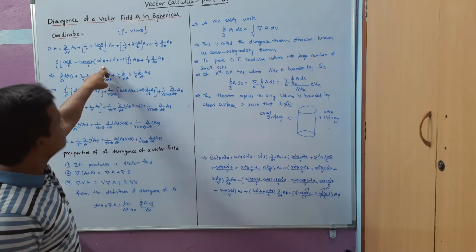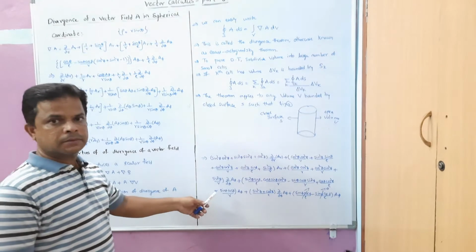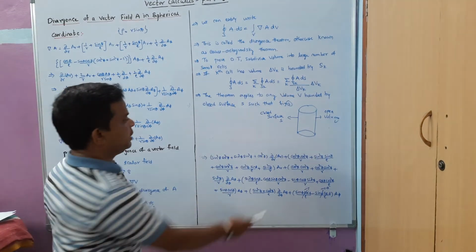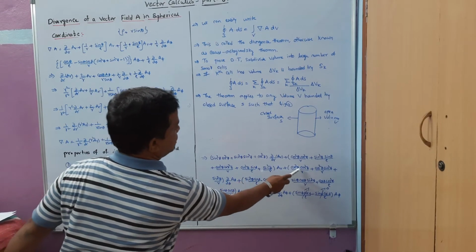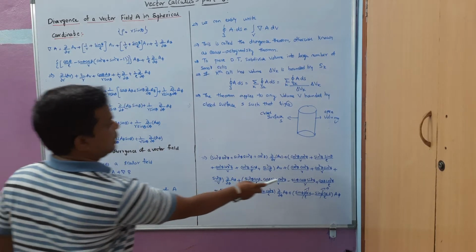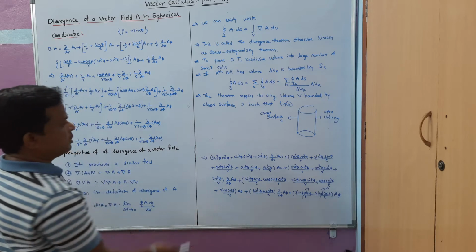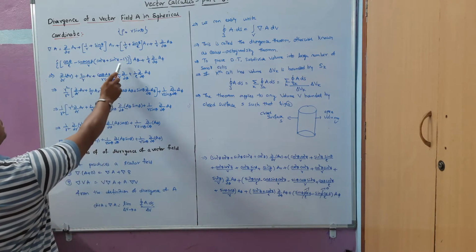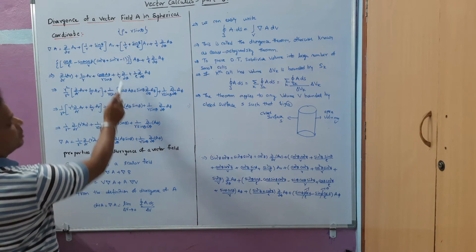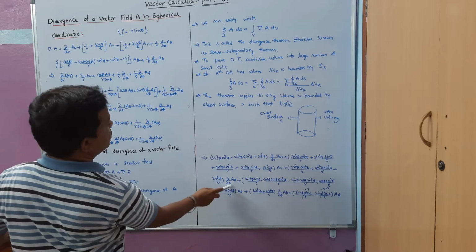So you can see here from this I am going to take cos square theta common, and I get cos square phi plus sin square phi here. From this we get dou by dou theta of a theta, that is 1 by r dou by dou theta of a theta.